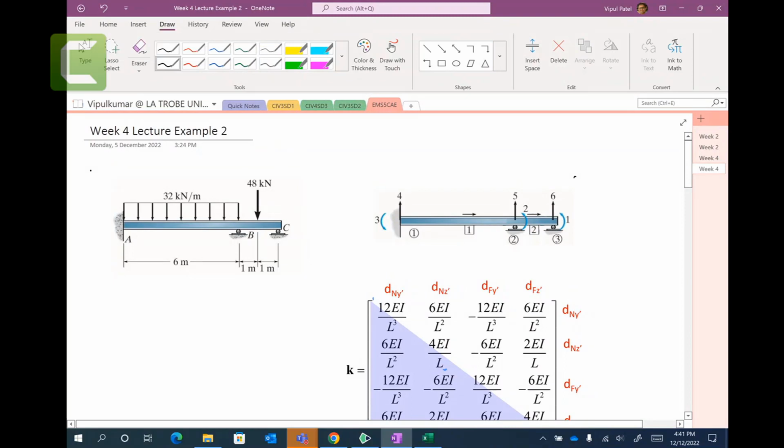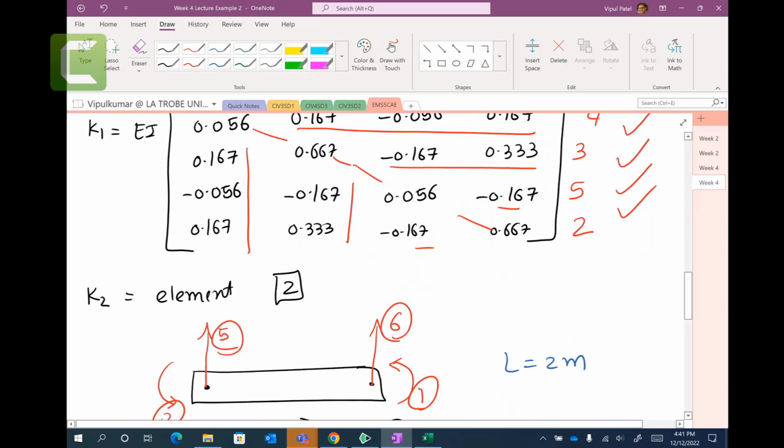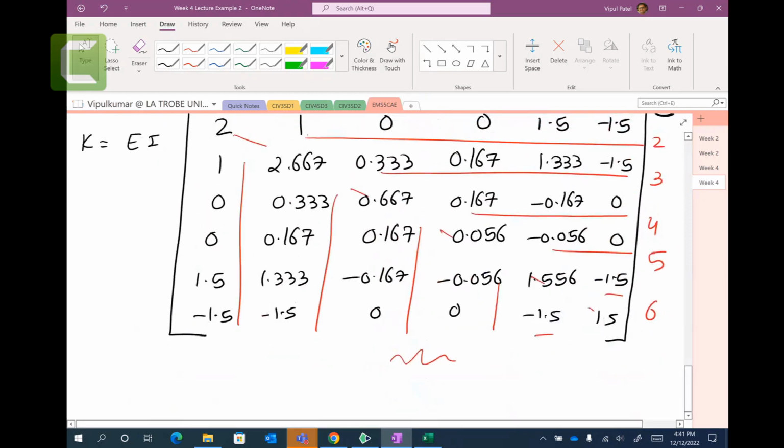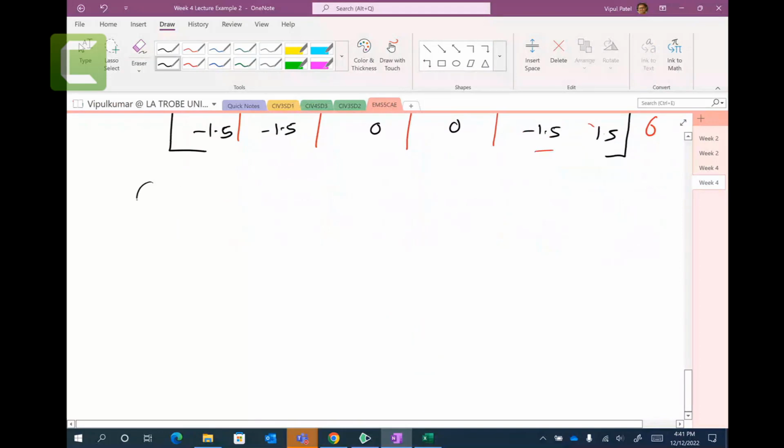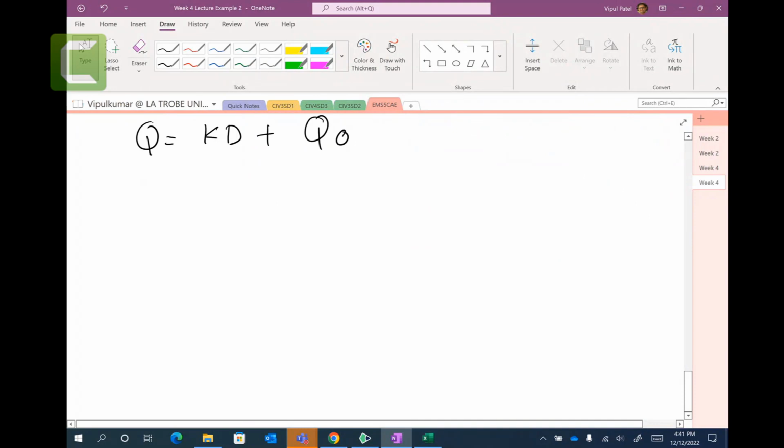We need to find the deflections in these particular problems. So we got the K matrix here. Now we need to find this relationship Q equal to KD plus Q0. Now first we get the Q matrix, which is the nodal matrix.